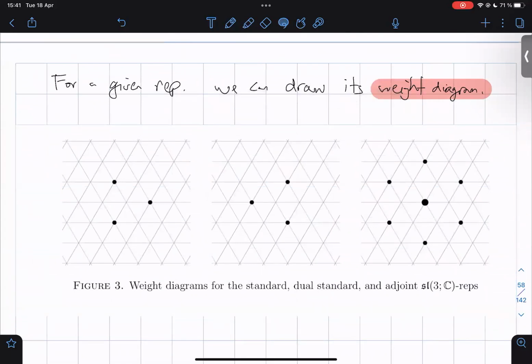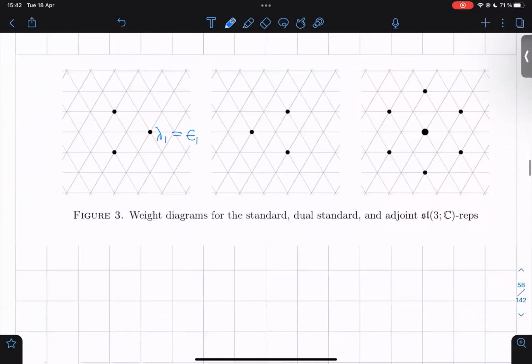So what you see here is the standard rep, dual standard rep, and the adjoint representation. I'm going to label some of these. Here's lambda 1, which is the same thing as epsilon 1. Here's minus lambda 1 plus lambda 2, so that's epsilon 2. And here's minus lambda 2, which is epsilon 3.